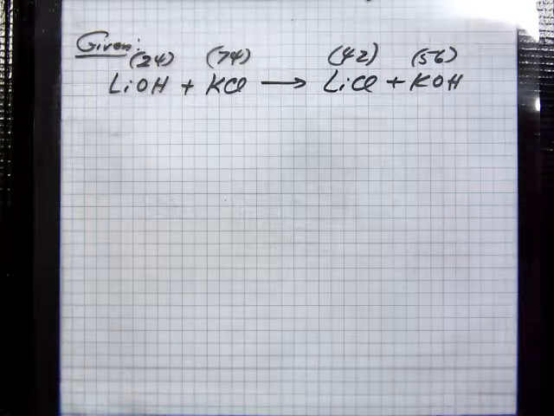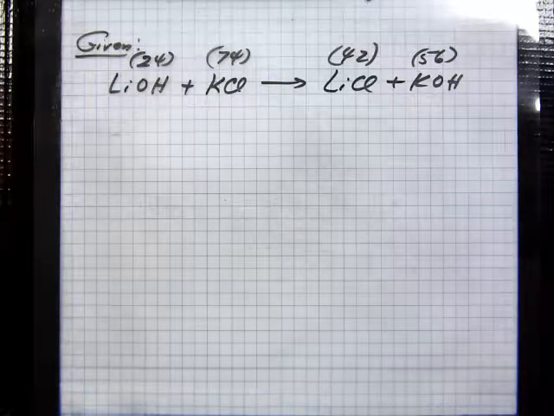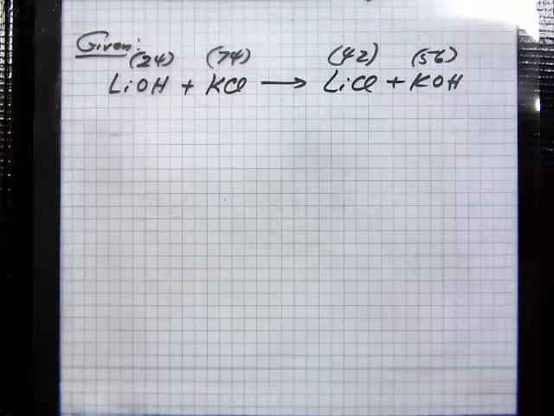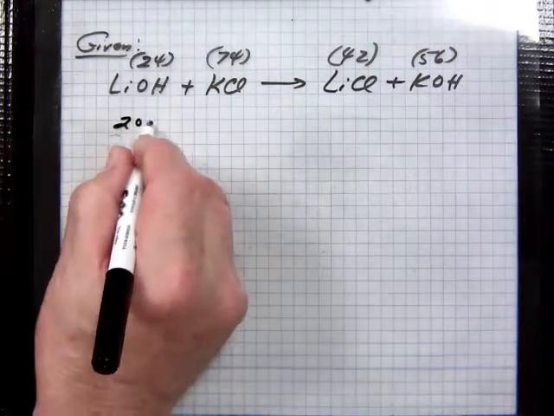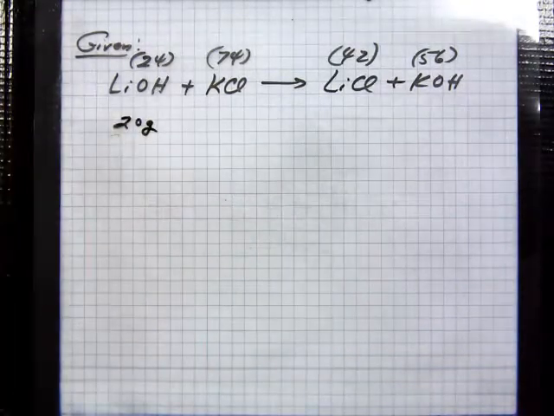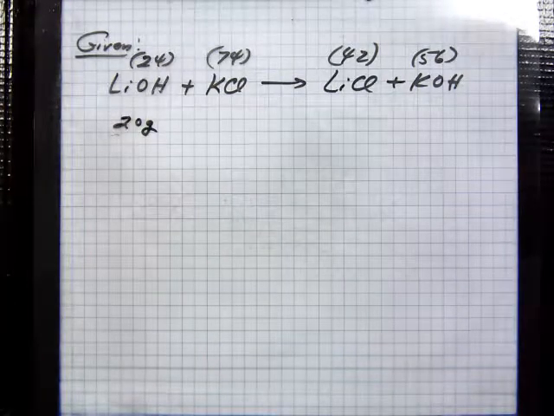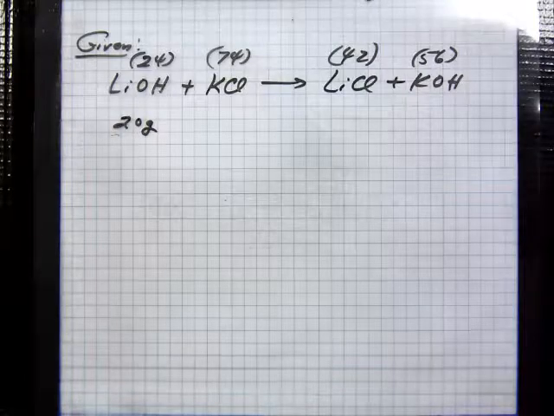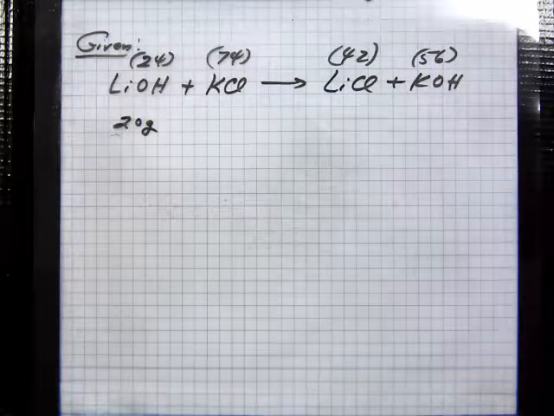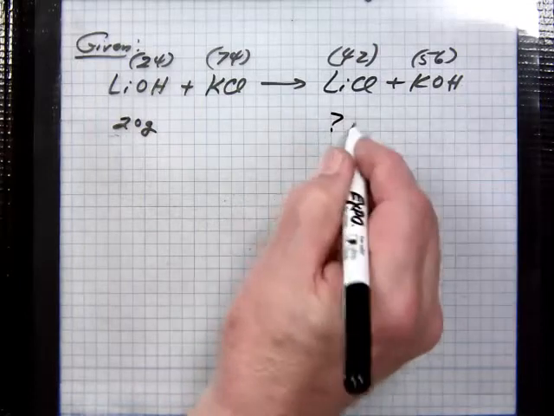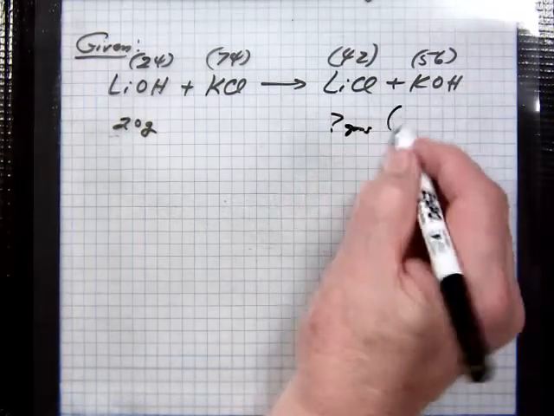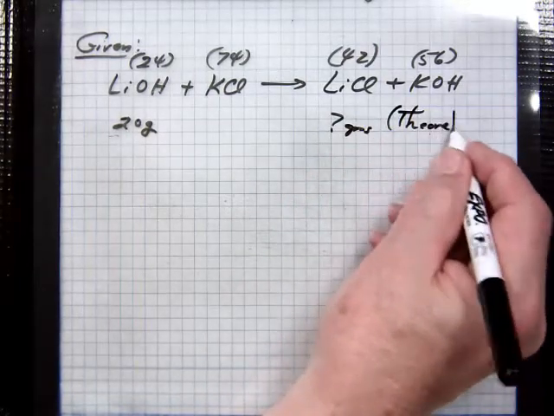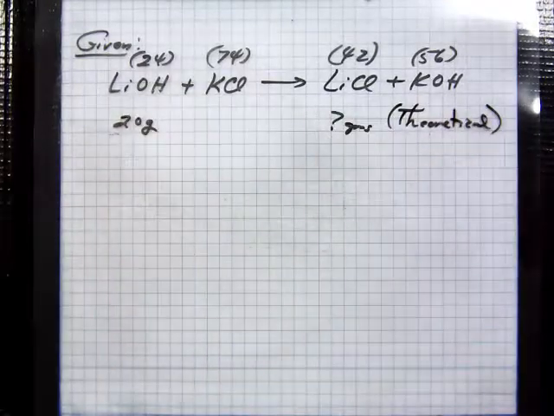Okay, so this one says, I began the reaction with 20 grams of lithium hydroxide. All right, 20 grams. What's the theoretical yield of the lithium chloride? Okay, so they want this in grams, and that'll be theoretical. Just to make a note of it, that's what they're looking for.